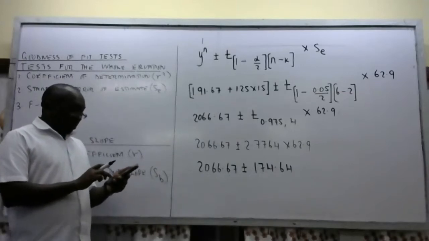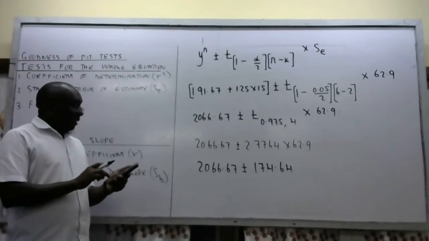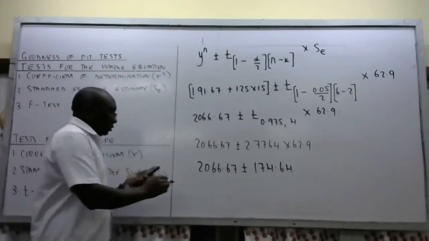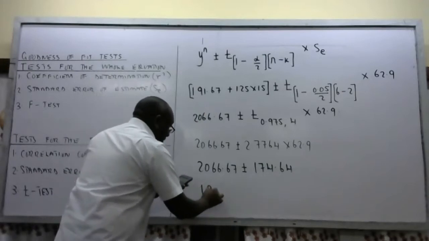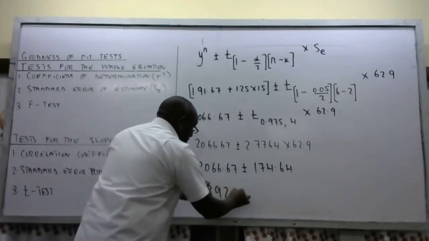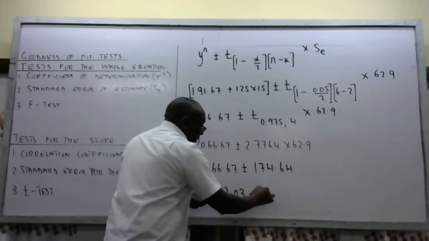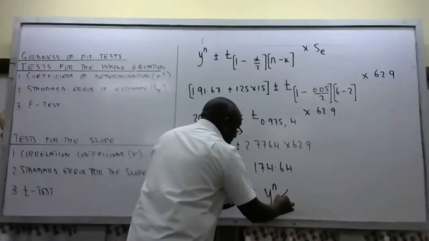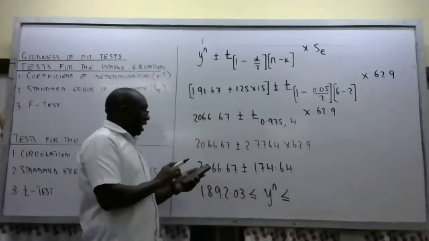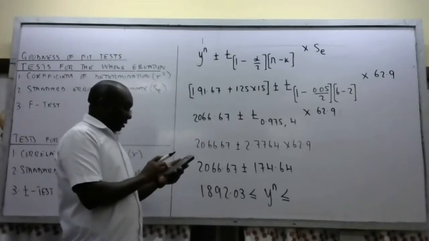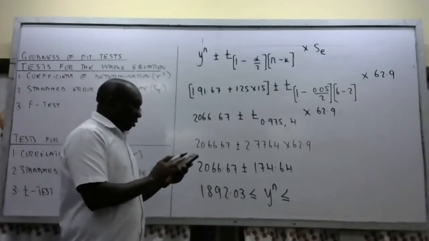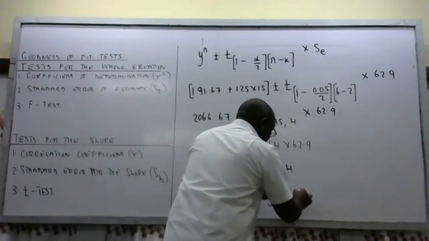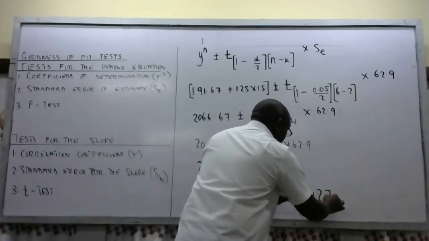So that means on the lower side, minus 174.64 equals 1892.03. This is the predicted value. And on the upper side, you have 1542.75.